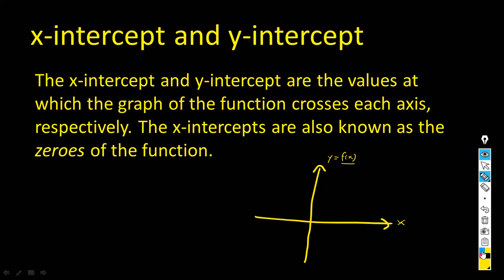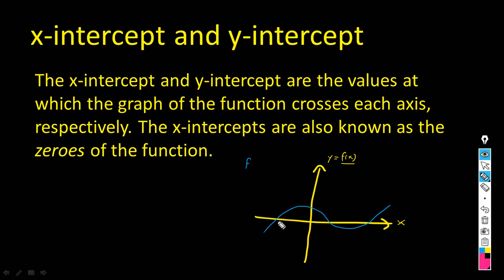Okay, so let's draw any graph of any function whatsoever. For example, I can draw this. That's the graph of a certain function f. As you can see, this is the graph of a function. Remember, why? Because it passes the vertical line test.